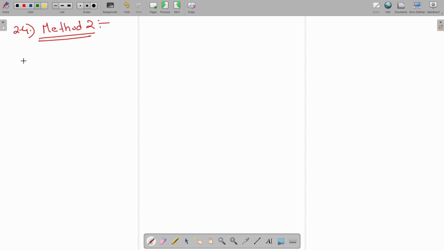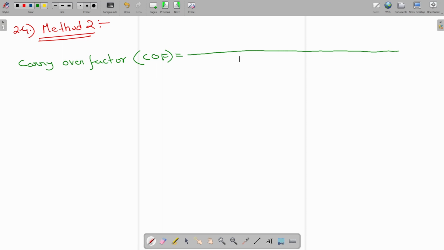We are going to write carryover factor, this is COF, is equal to carryover moment at far end by applied moment at the near end.